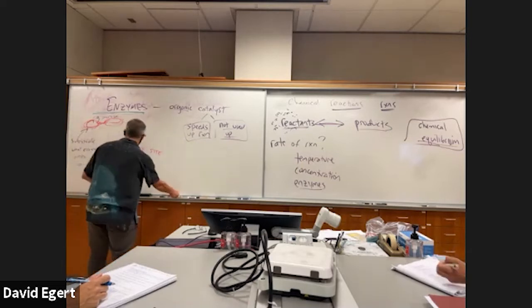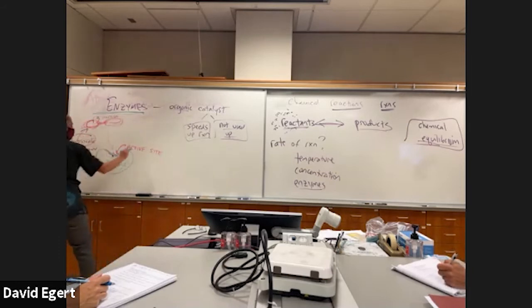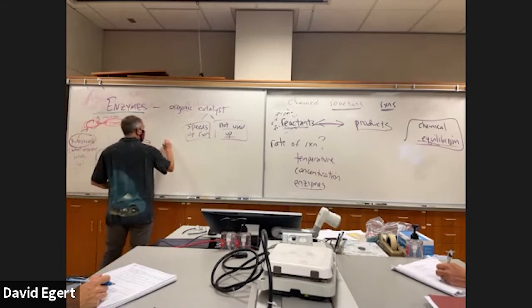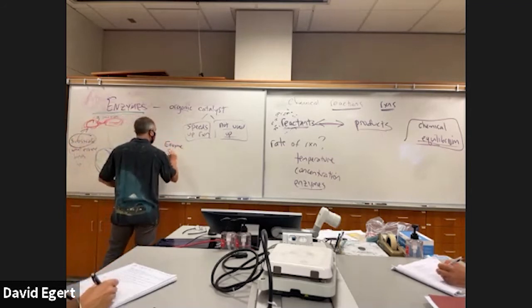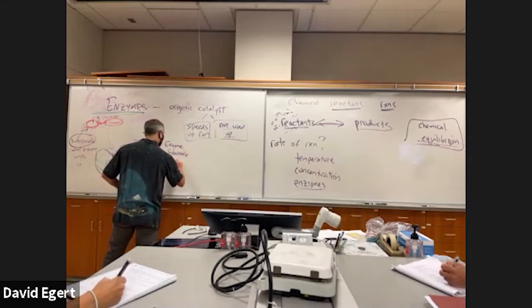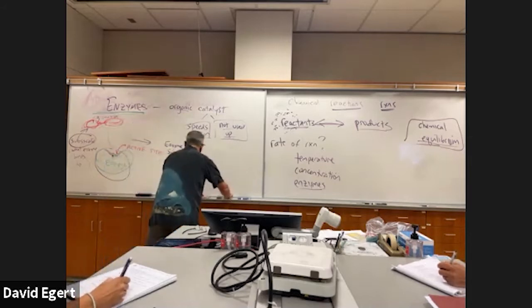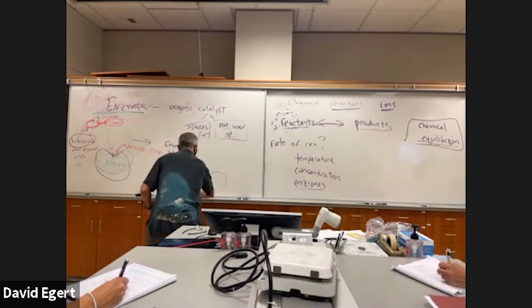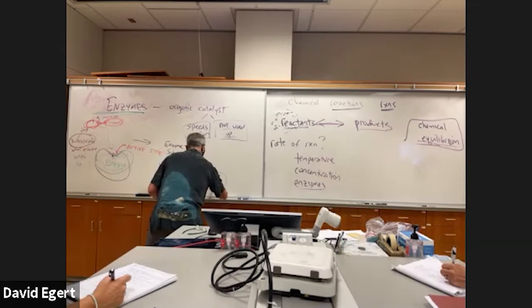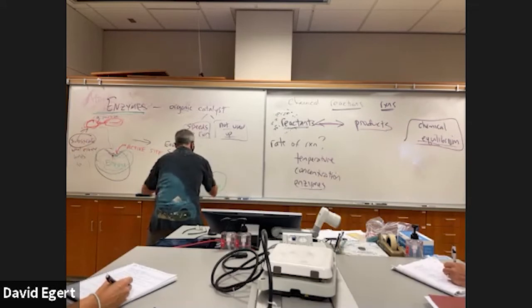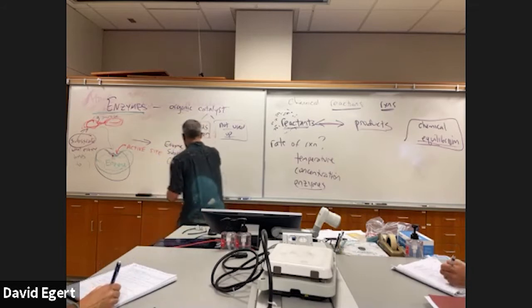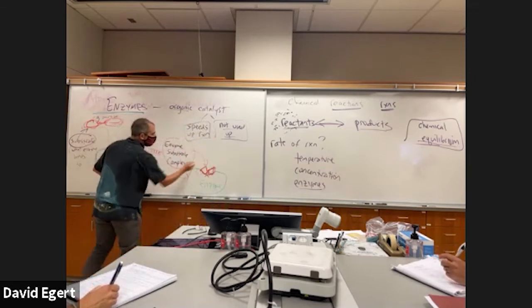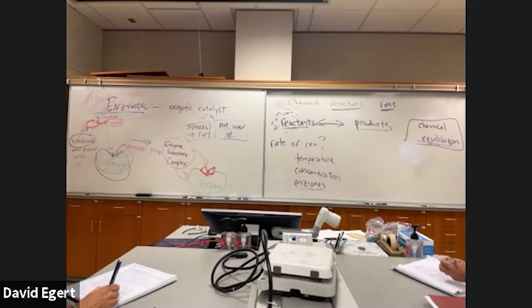So here I have my substrate, and here I have my enzyme. I'm going to end up getting what's called the enzyme substrate complex, where at this point my substrate is making this binding in this active site of the enzyme.